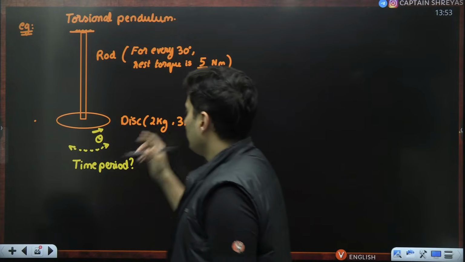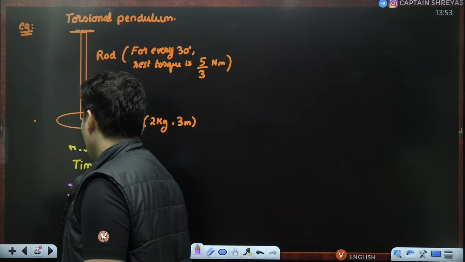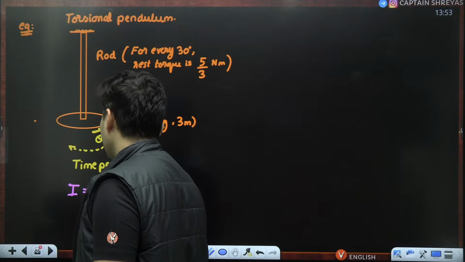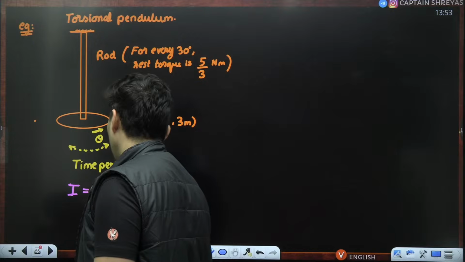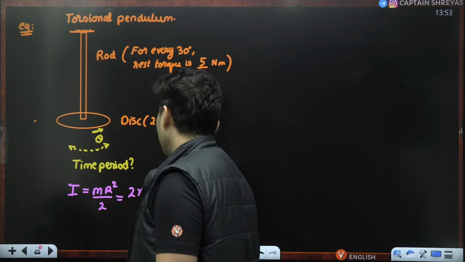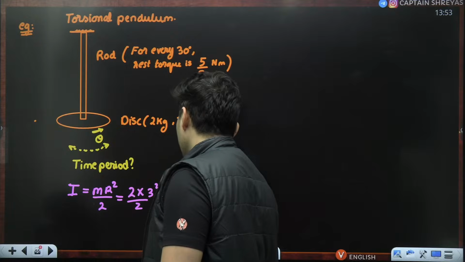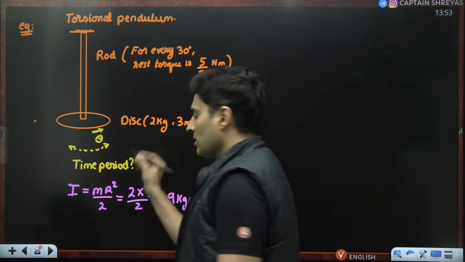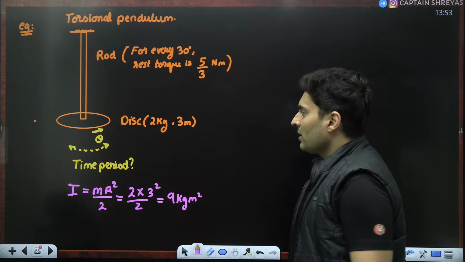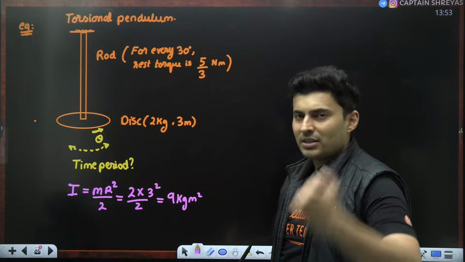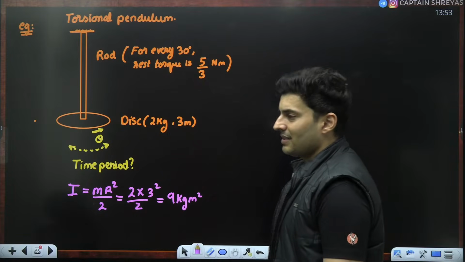Well, the moment of inertia of a disc, we all know, is mass radius square divided by 2. Mass is 2 kg, radius is 3 divided by 2. Hence, it is 9 kg meter square. That's moment of inertia. Spring constant replaced by torsional constant, that is not given, but this is given.